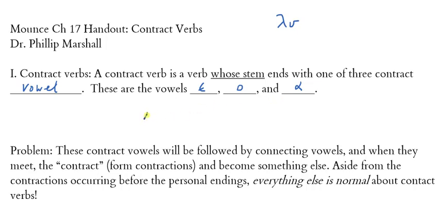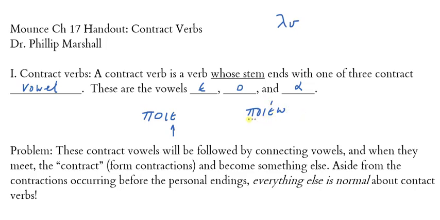One example of a contract verb would be the verb that has to do with doing or making. Poie is the stem of that verb. There it ends with an epsilon. The lexical form is poieo.